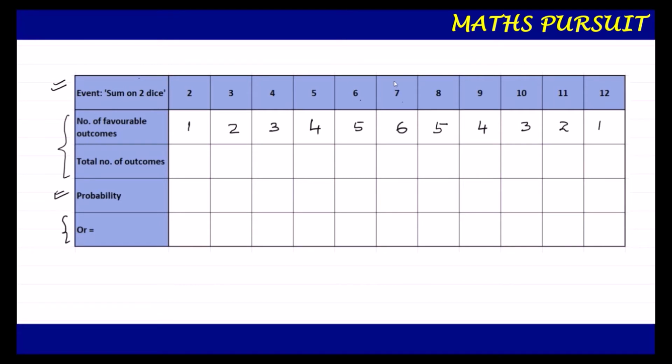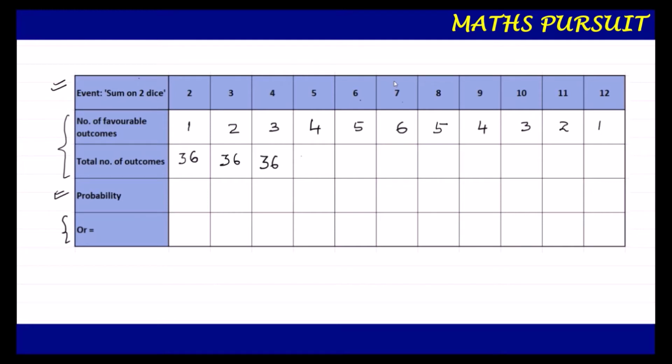Now, total number of outcomes, guys. As I told you, if you add the colored squares, you will get the total outcomes, and the total outcomes is 36. So the total number of outcomes remains the same for each of these things.